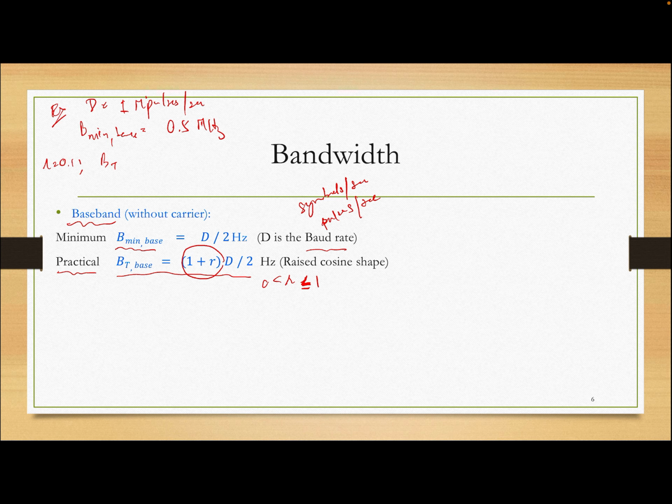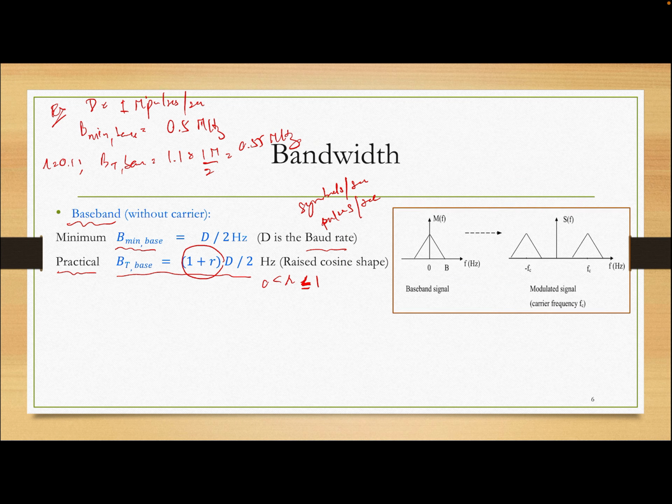Suppose r is 0.1. Then the transmitted bandwidth for baseband would be 1.1 times 1 megapulse over 2, so 0.55 megahertz is needed.